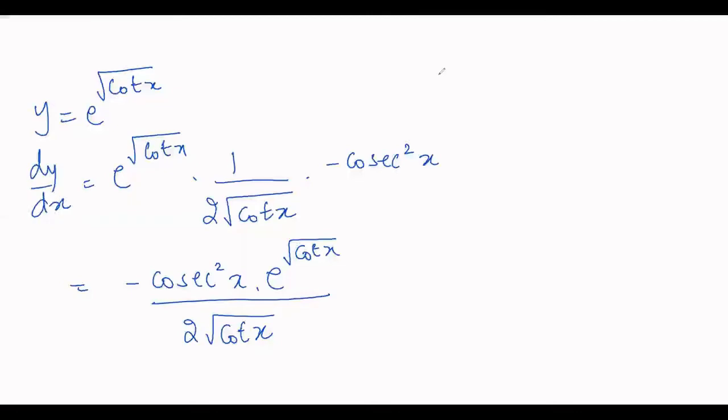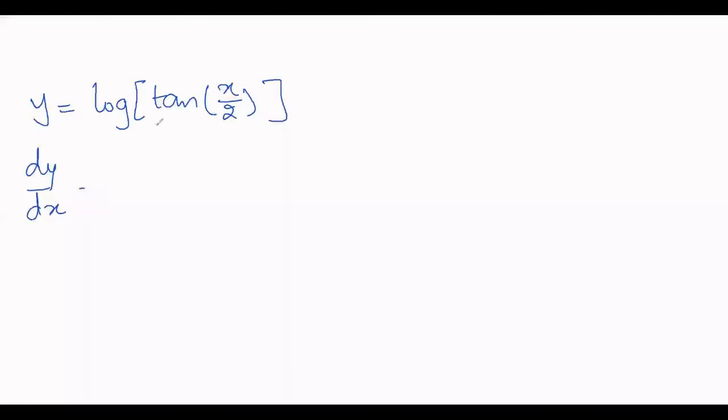Next question, y is equal to log of tan x by 2. So dy by dx is equal to, we recognize there are three functions here, logarithmic, trigonometric and algebraic. So we need to differentiate 3 times. Differential of log is 1 by x, in this case 1 by tan x by 2, into differential of tan is secant squared, so secant squared x by 2 into coefficient of x, which is 1 by 2.